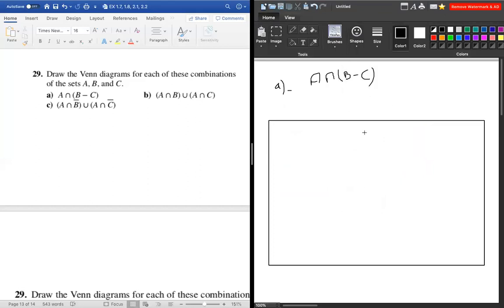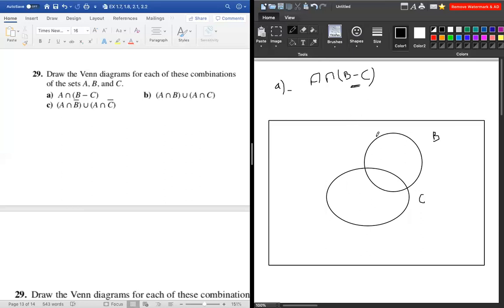This is my set B. This is my set C. It doesn't have to be perfectly circular. So B and C, right? First let's do what B minus C means. B minus C means the elements that are in B but not in C.